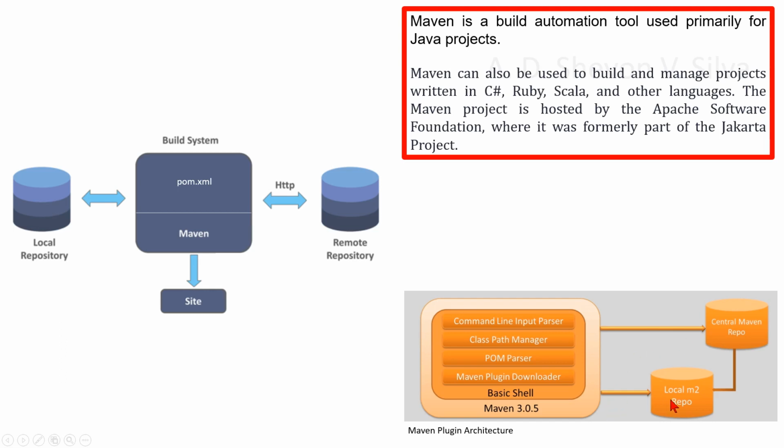And here Maven 3.0.5 is connected to local M2 repo. Here these two repos are connected.